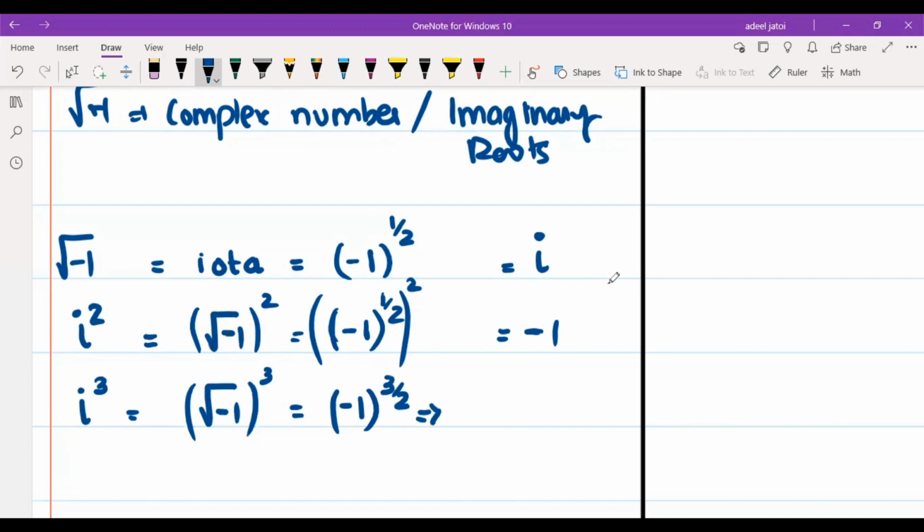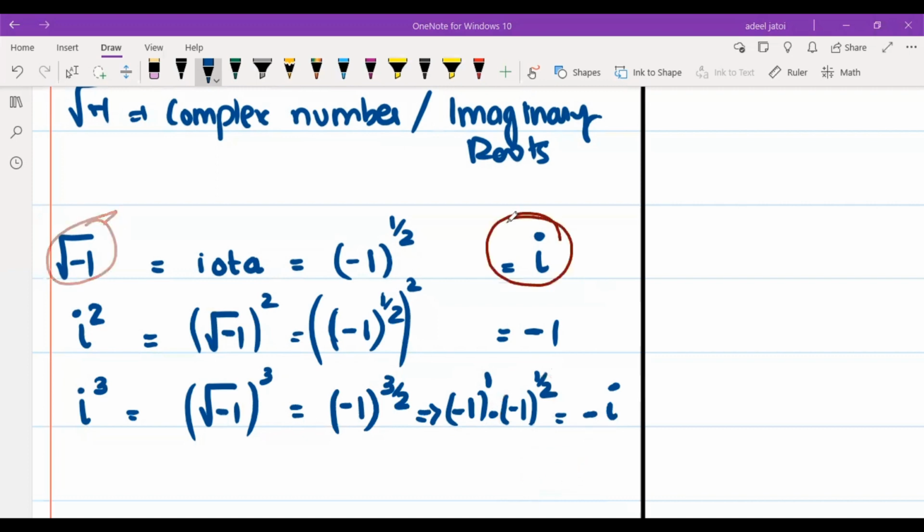If we break this down, this is -1 to the power 1 and -1 to the power half. -1 to the power 1 is already negative, and -1 to the power half means iota. So the end result will be negative iota.